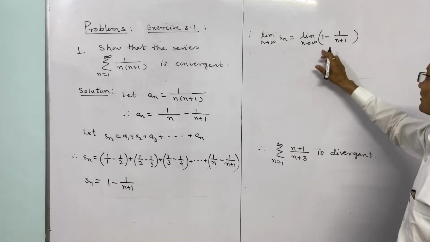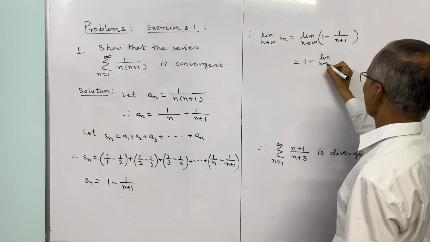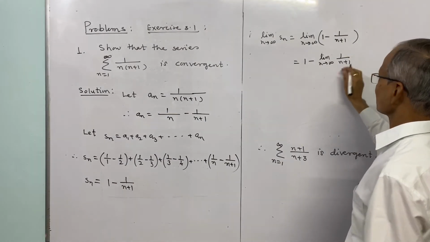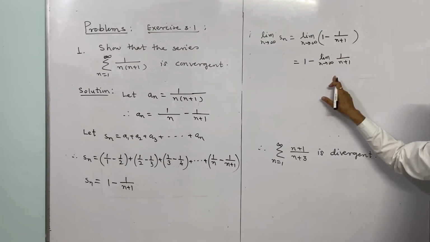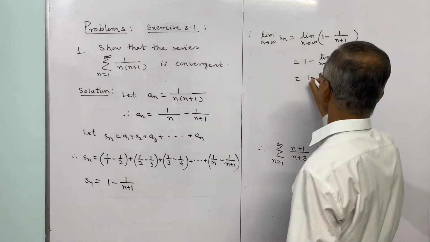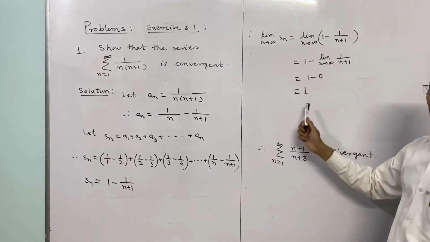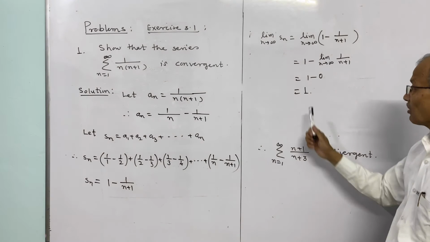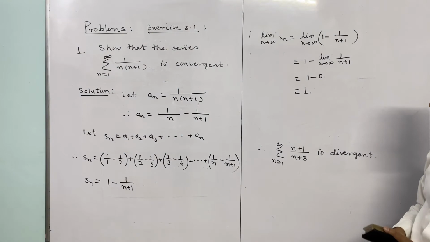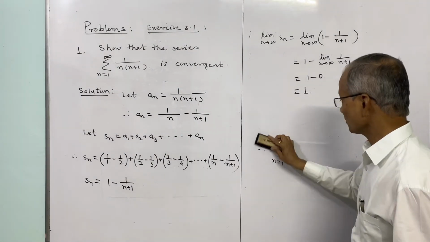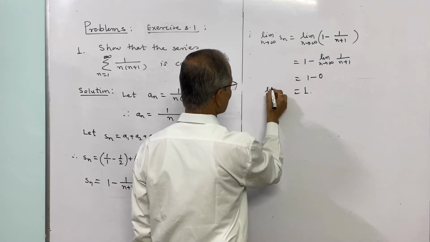The limit of the constant 1 is the same, and for the second term, as n tends to infinity the denominator becomes infinite and the limit tends to 0. So this is 1 minus 0, which is 1, and thus the limit of Sn is 1. The sequence of partial sums converges to 1, and by definition the series also converges to 1. The convergence of the series depends on the convergence of the sequence of partial sums.